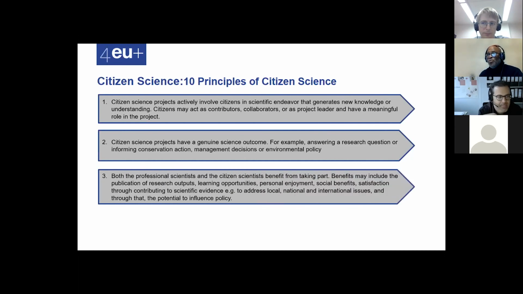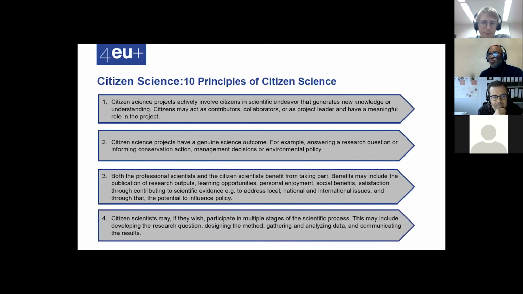Both the professional scientists and the citizen scientists benefit from taking part. Benefits may include the publication of research output, learning opportunities, personal enjoyment, social benefit, satisfaction through contributing to scientific evidence, to potentially influencing policy.